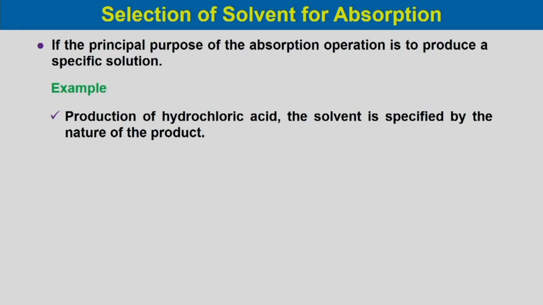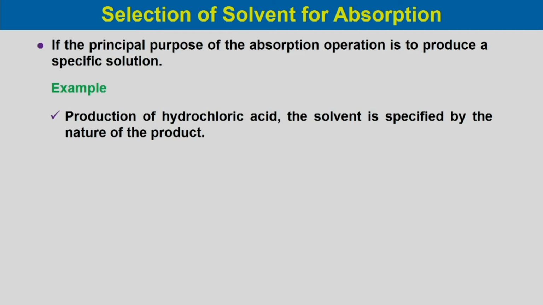So, if we wanted to produce hydrochloric acid, it will absorb only the gaseous component, produce the solution of hydrochloric acid which will be a usable product. So, in this case the solvent will be decided based on the use of hydrochloric acid.